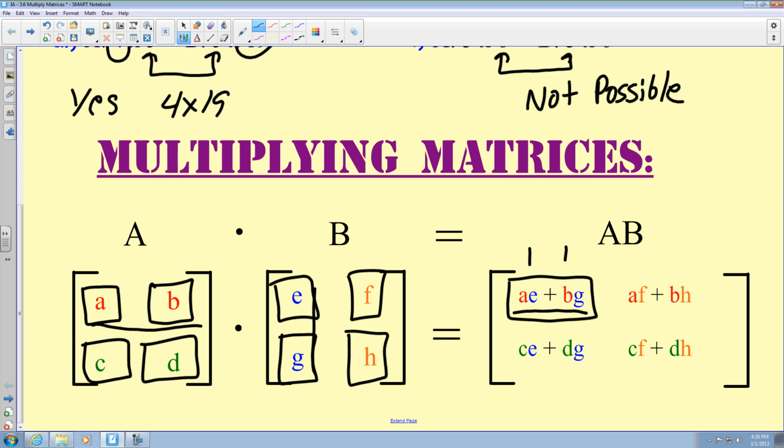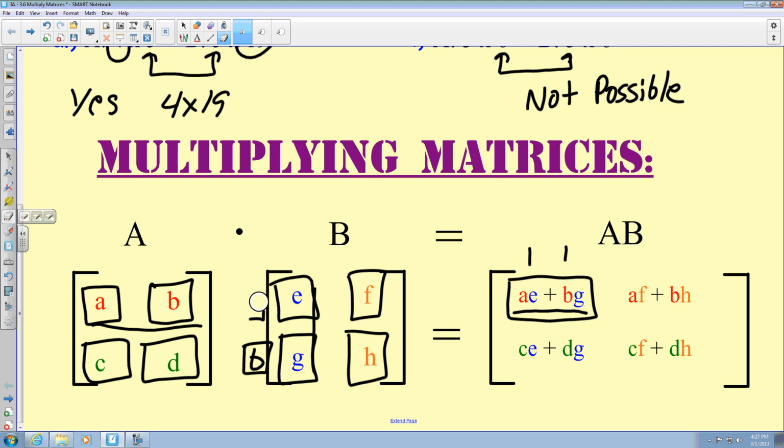When you turn it clockwise 90 degrees, you're going to get A here and then B here. Then you multiply those two values together and then you add them.